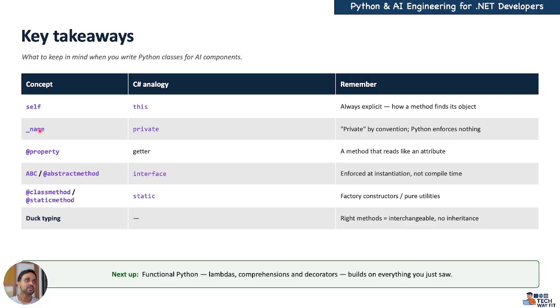Now in Python we have 2 specific types of methods called class method and static method. The class method is like a static in C#, which can define a static class level variable or class level method, which can be shared across all the instances of the particular class, or a static method which is just input output without having access to any class level variable.